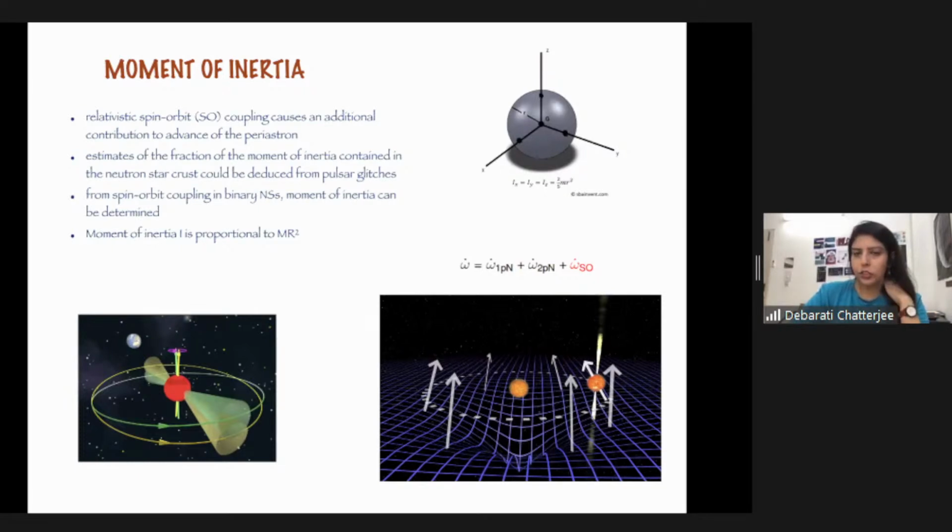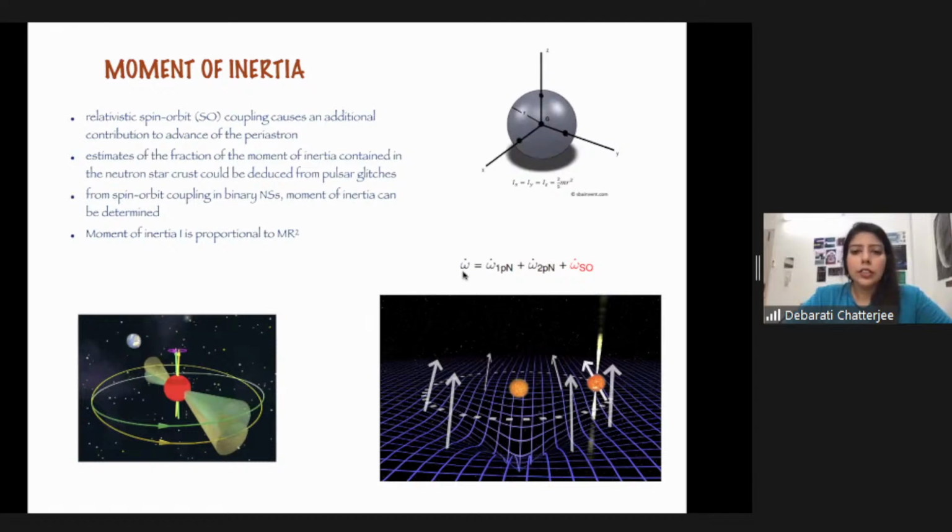About moment of inertia. Someone yesterday asked a question, and I noticed I didn't answer how moment of inertia is actually measured. In this slide I showed yesterday, this is summarized. One can measure relativistic spin orbit coupling. This is done by measuring its additional contribution to the advance of periastron.